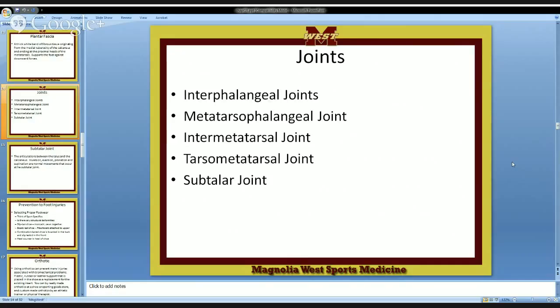You have 5 metacarpals, yes. So, tarsometatarsal joint, where is that? Where are your tarsals?